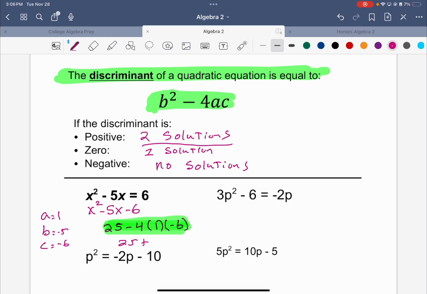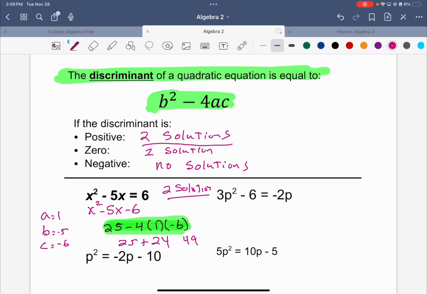Negative 4 times 1 times negative 6 is 24. 25 plus 24 is a positive number. It's 49. So that means there are two solutions to that. And we found that earlier. We found them with this question.